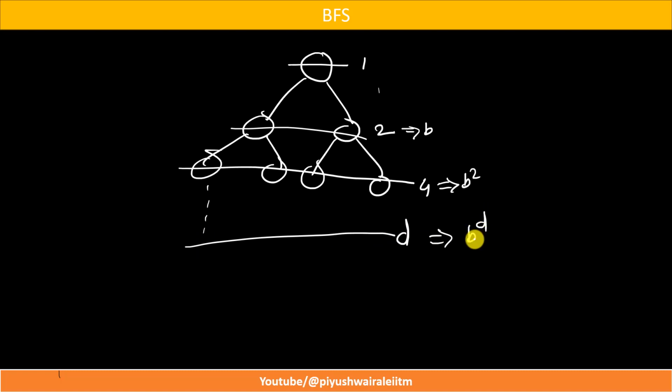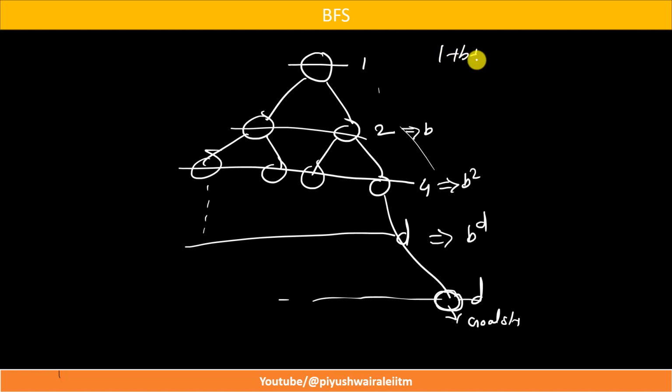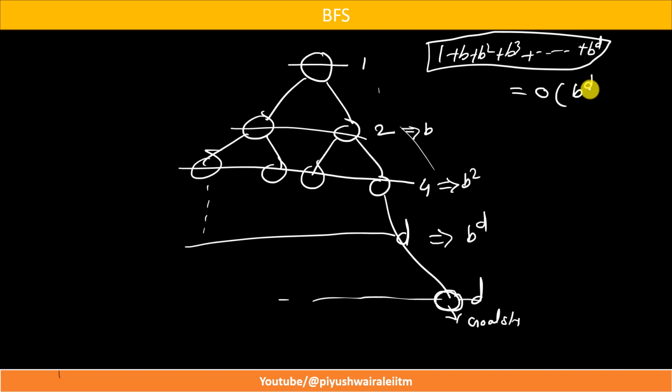In the worst case, if this is our depth d and this is our goal state, BFS needs to explore each and every node. In that case, it will be 1 plus b plus b squared plus b cubed, till b to the power d. So this many nodes BFS has to explore, which is basically order of b to the power d.